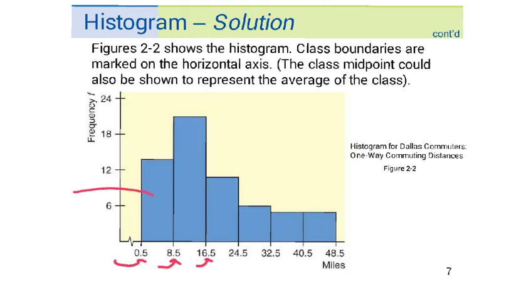Between 0.5 and 8.5, we have in this first bar the data that represented 1 to 8 miles. And from our frequency table, we know that there were 14 commuters who had commutes between 1 and 8 miles.